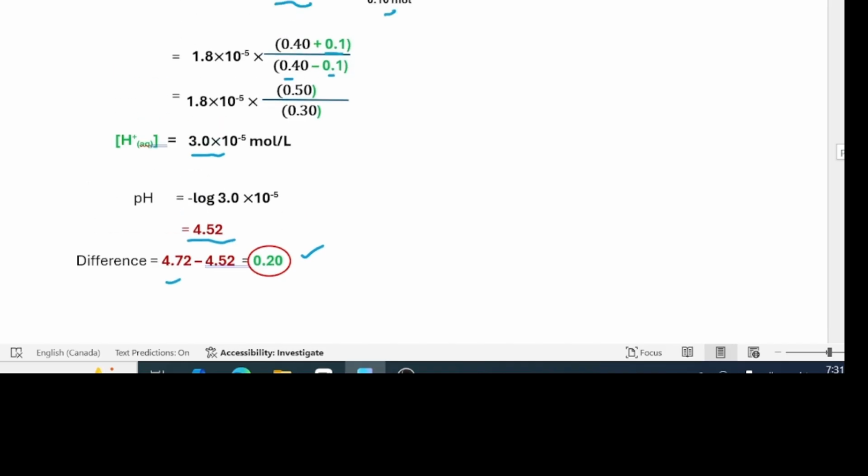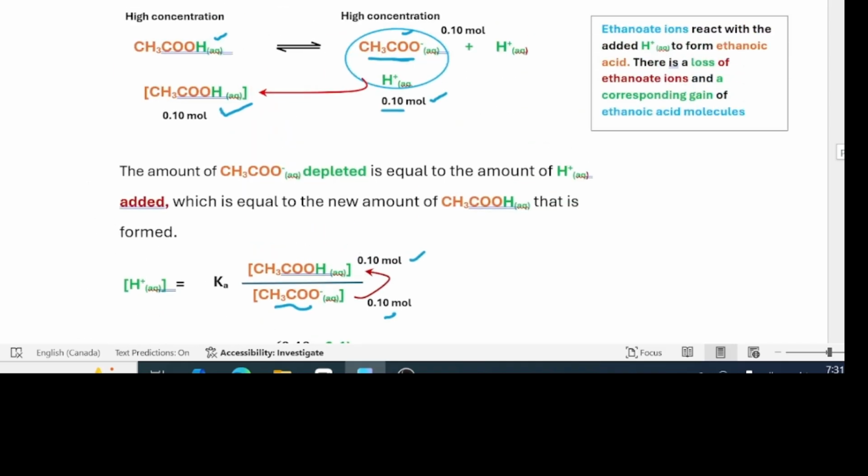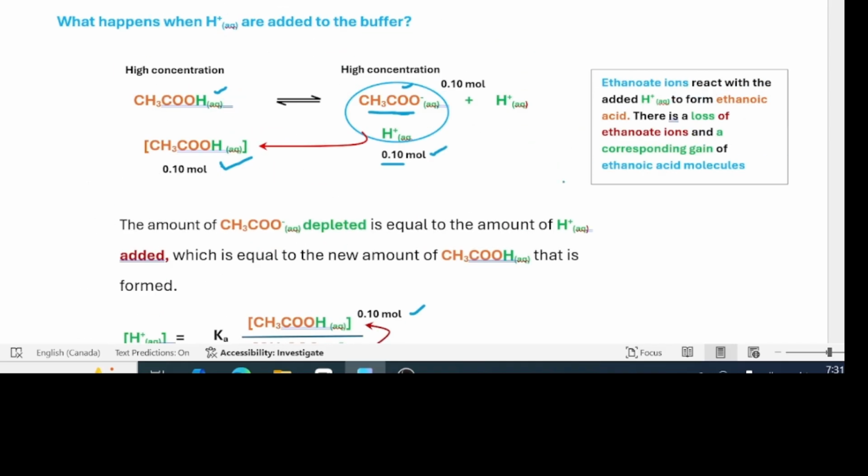For a quick review, we start with a buffer that has a large number of ethanoate ions and ethanoic acid molecules in equilibrium with each other. When hydrogen ions are added to the mixture, ethanoate ions, which are strong bases, quickly grab these to form ethanoic acid molecules.